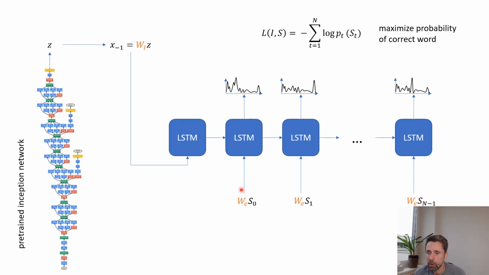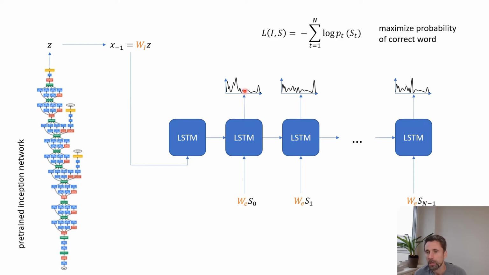Then we do exactly what we've seen on one of those previous slides. We generate a distribution over our vocabulary, over all the words that we know, and then in training, we compare this to the actual sentence that this image is associated with in our training set.